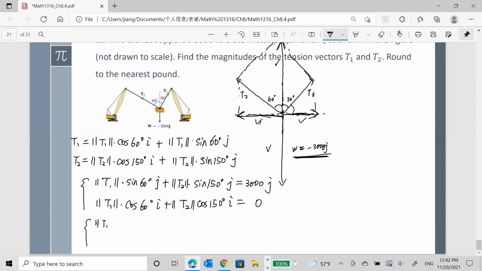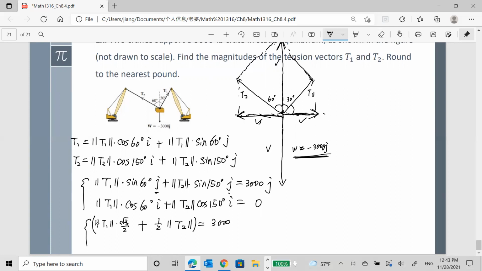So T1 times sine 60 degrees, which is square root of 3 over 2, and then another term is 1/2, because sine 150 degrees is 1/2. 1/2 the magnitude of T2 times J equals 3000. So if I divide by J, all of these three terms is 3000.